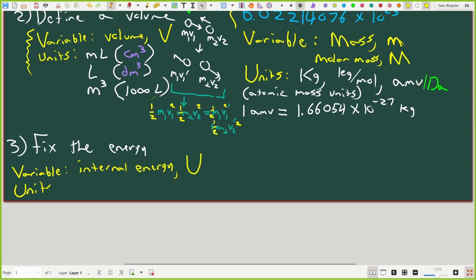What are the units for energy? I heard it. Joules, thank you. J for joule, sorry. What are the SI units of joules? Let's see if we can figure that out. Of course, joule is just a letter, so we should convert it back into SI units.